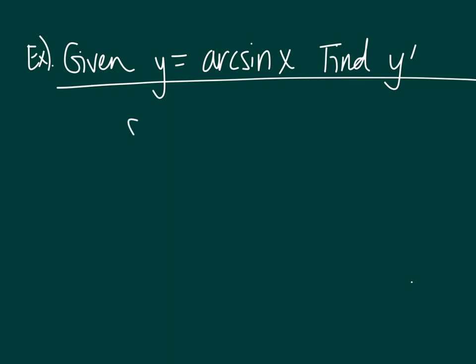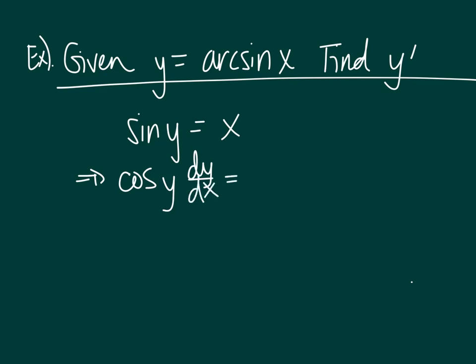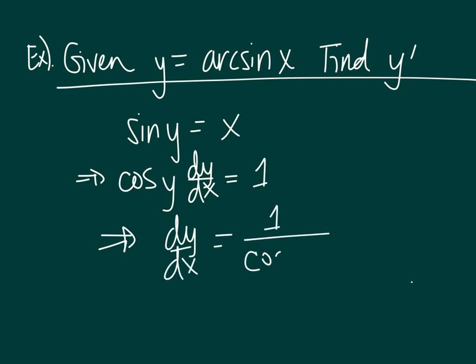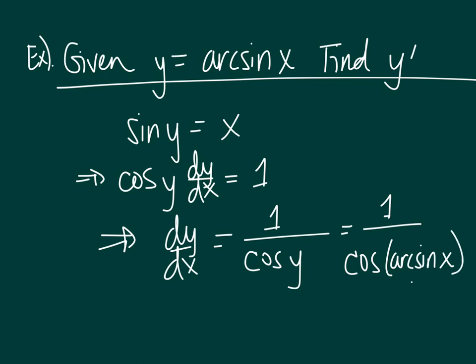Okay, same idea. So we're going to say that sine of y is x, and then we're going to take the derivative of both sides with respect to x using implicit differentiation, and that's going to give us that dy dx is 1 over cosine y, but that's exactly what we just found in the previous example, part B, because this is the same as cosine of inverse sine or arc sine of x, and we found that that denominator is just going to be the square root of 1 minus x squared.